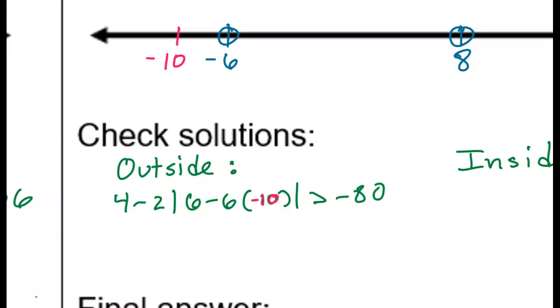Now, negative 6 times negative 10 is a positive 60. So we have 6 plus 60, which is 66.